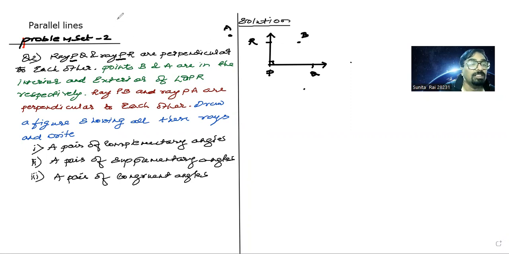Such that ray PB and ray PA are perpendicular to each other. When I draw this ray, this is ray PB, and I draw this ray PA.